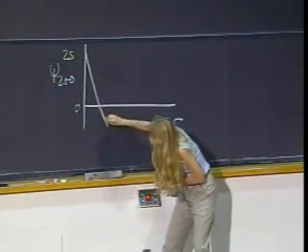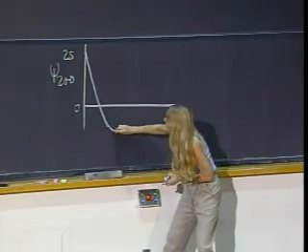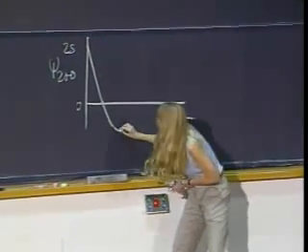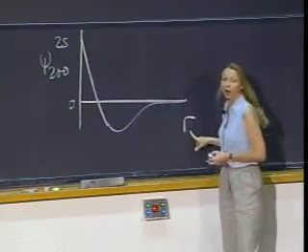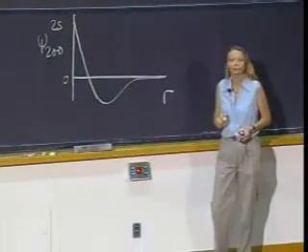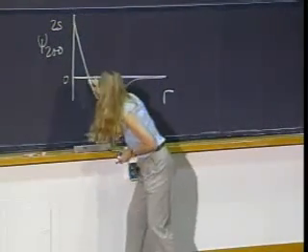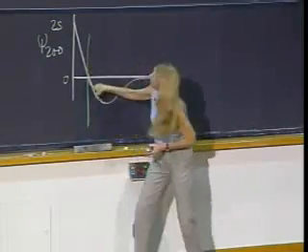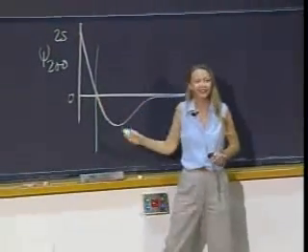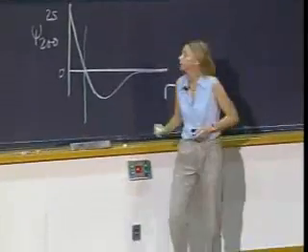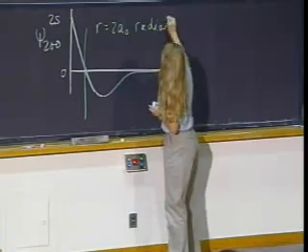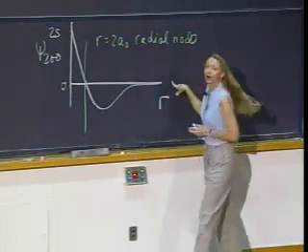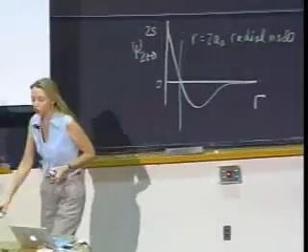And it keeps dropping until some point and becomes negative. And then it turns around and approaches 0 again. And so at very large r, the wave function is 0. Right here, where this wave function becomes 0, that's what we call a radial node. It is a value of r that makes the wave function equal to 0.